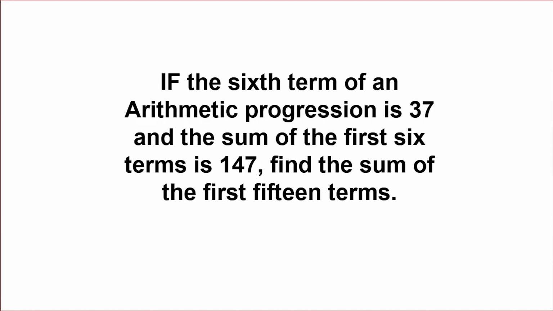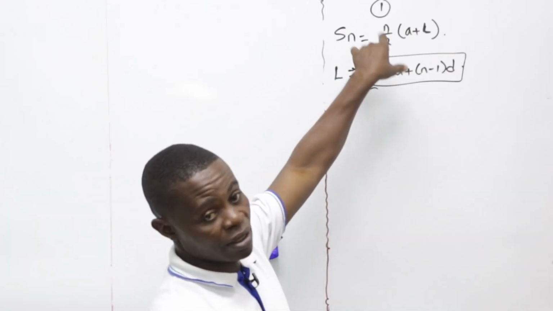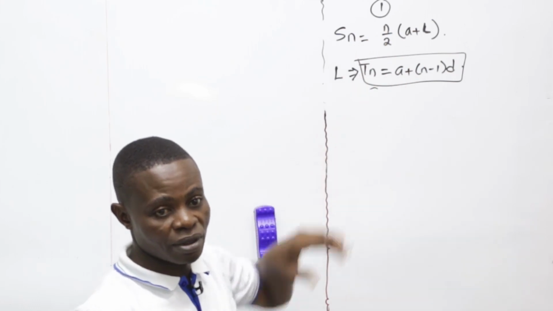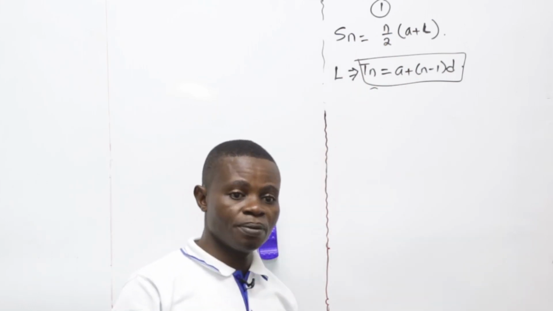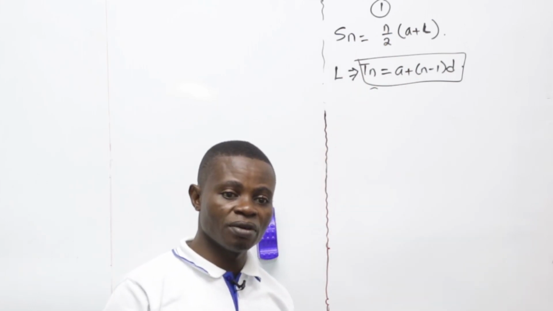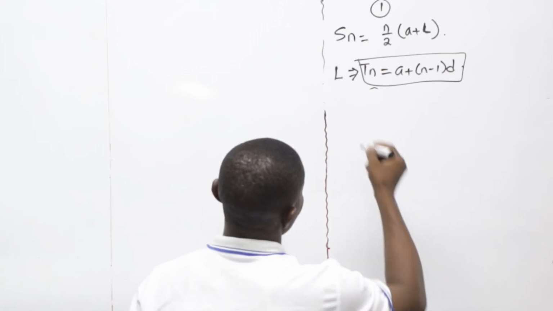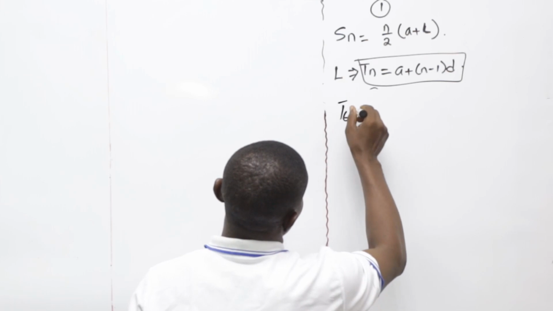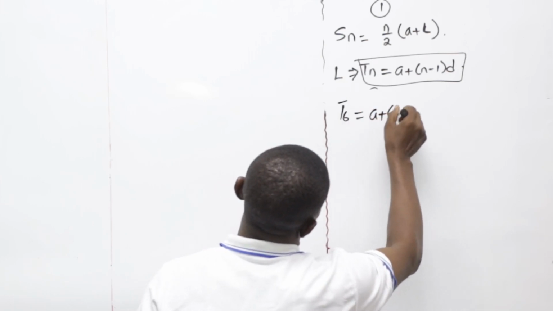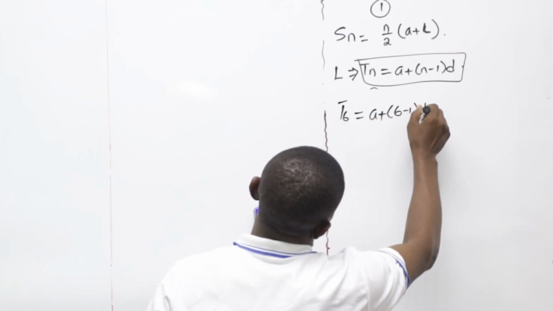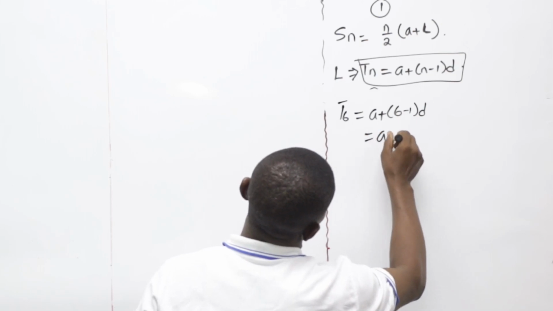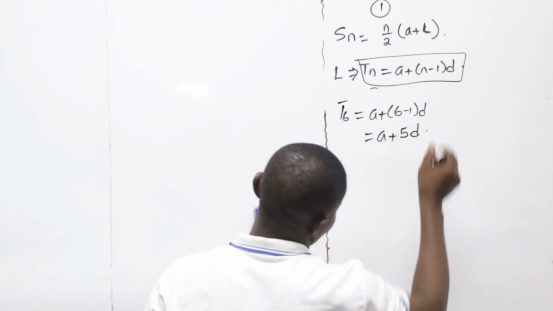How do we do that? Let's keep our formula to one side because we're going to make use of it. The first step there is the writing down of the formula. The second step is interpreting the meaning of the sixth term. That is T6. T6 equals a plus (6 minus 1) into d, to give me a plus 5d.